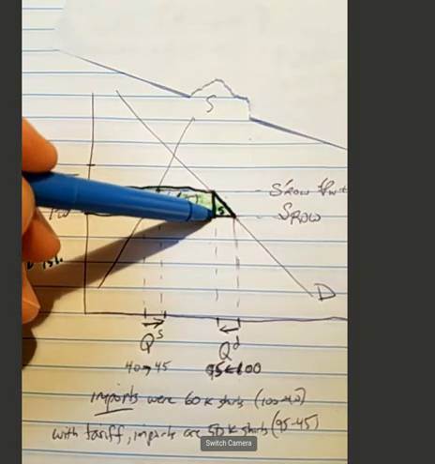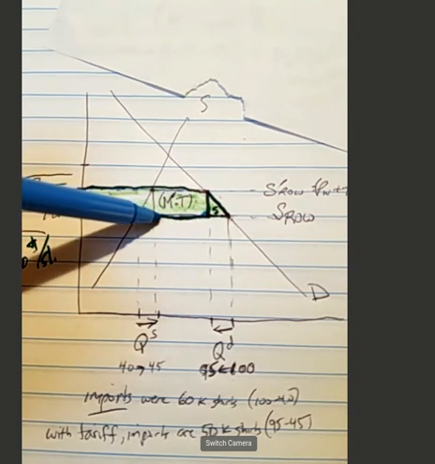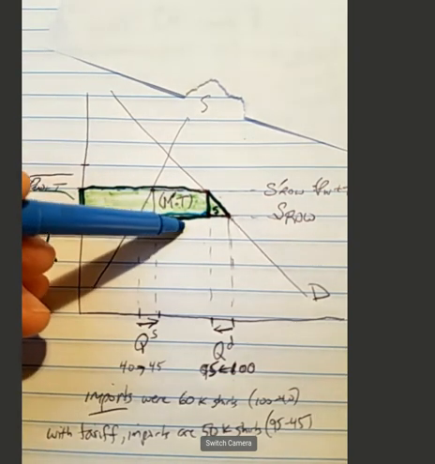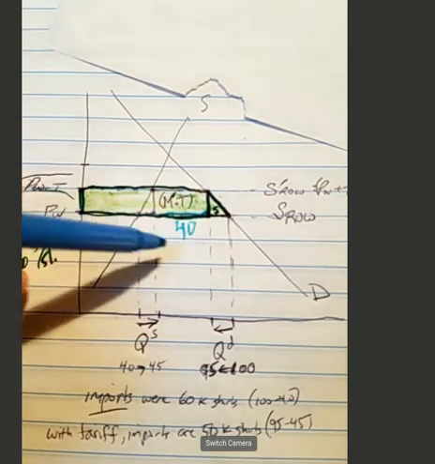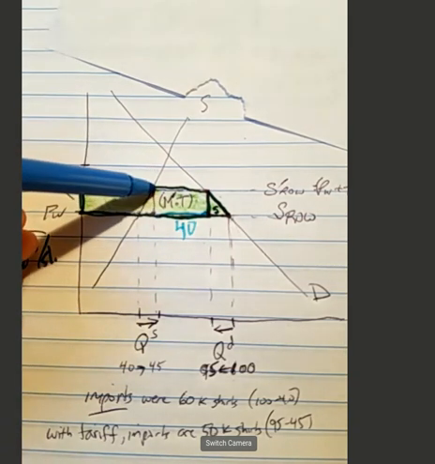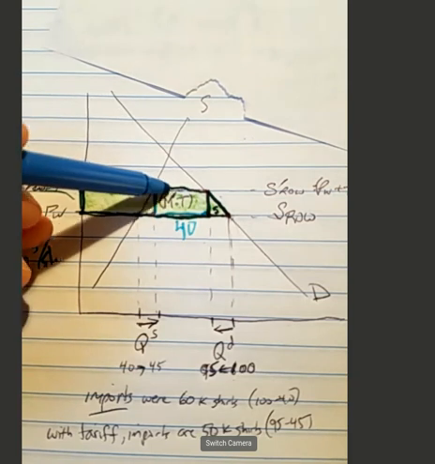Now, what you want to first think about is how these imports that are still occurring, in our arithmetic model, we said that this represented 40,000 shirts. Those 40,000 shirts, each one of those is having $10 paid on them.